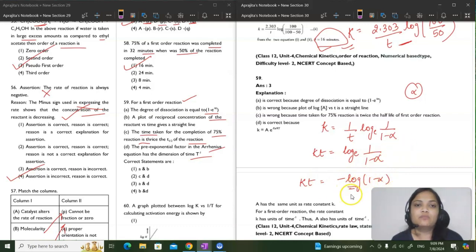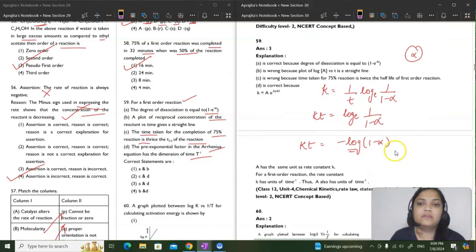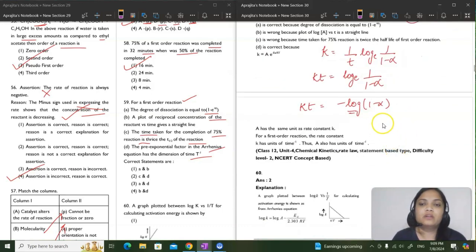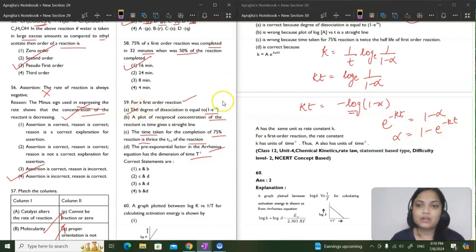Now to remove the log, I will be putting e. So it will be e raised to the power minus kt is equal to 1 minus alpha, and from here the value of alpha will be 1 minus e raised to the power minus kt. So this is the correct statement, the first one.